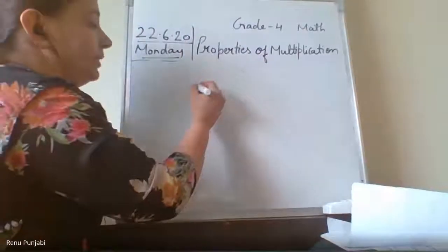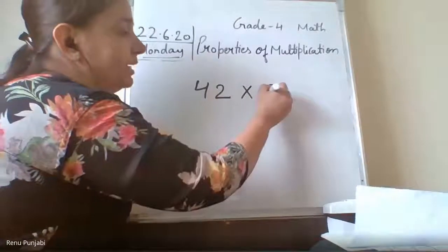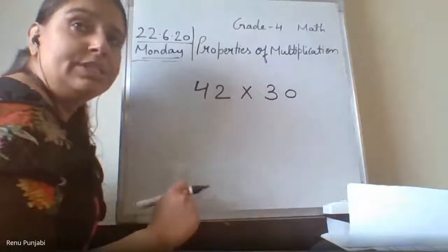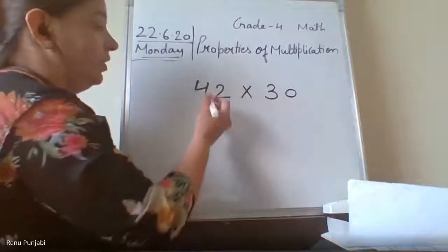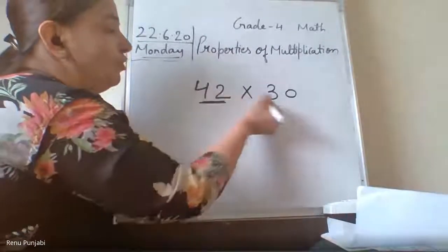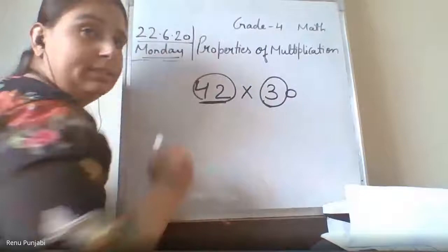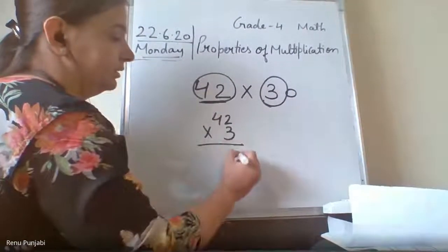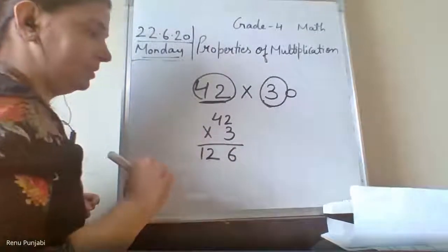For example, if we have 42 and I say to multiply it with 30, instead of the long procedure of multiplication, we will do the easy method. 42 multiply by 3. 3 2s are 6, 3 4s are 12.